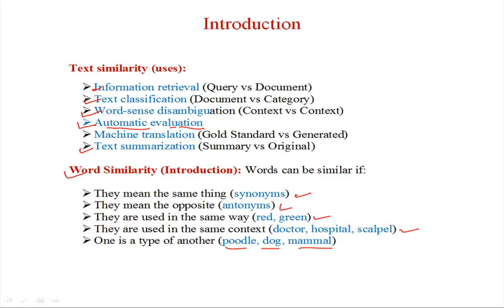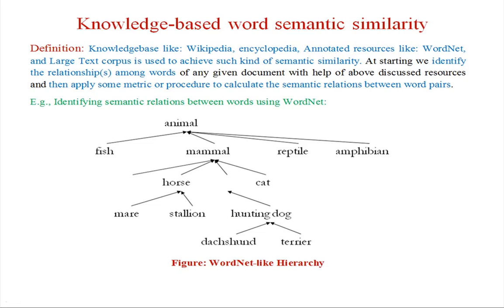Now the issue is how to calculate the semantic similarity. The best known technique uses a knowledge base. This is a highly used technique, but based on some human-developed knowledge base, like Wikipedia, annotated resources like WordNet, or a large text corpus.